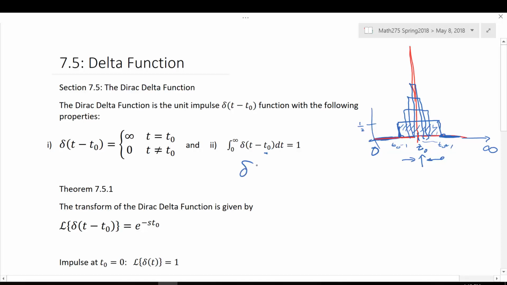Well, delta of t is just the impulse that happens at 0. So delta of t minus 1 is that you let the spring go, and in 1 second, then you hit it, and that's where your pulse happens.